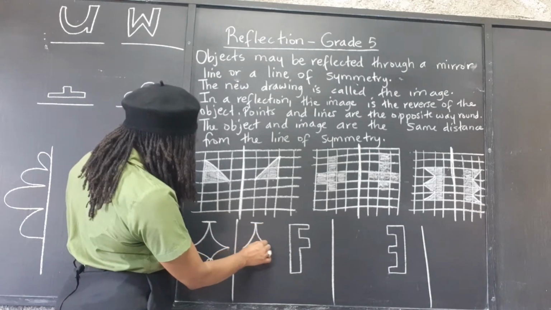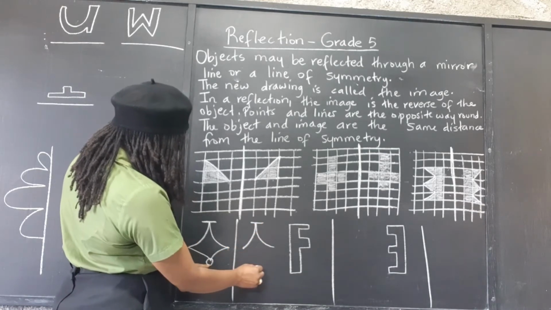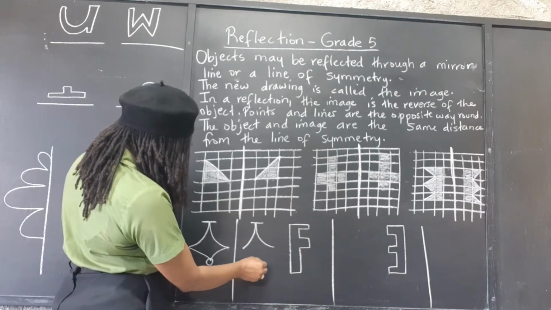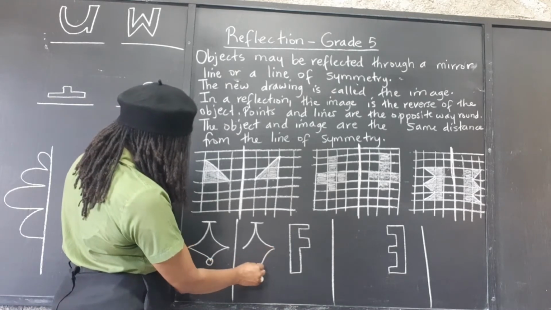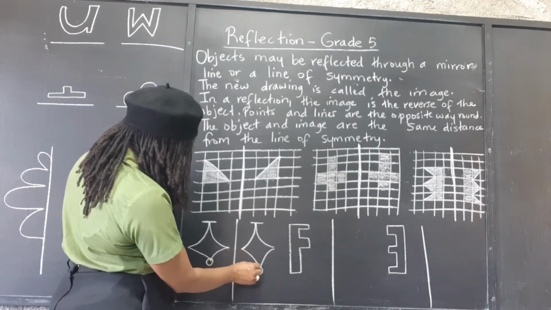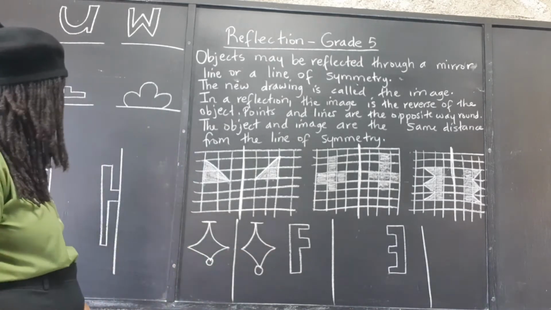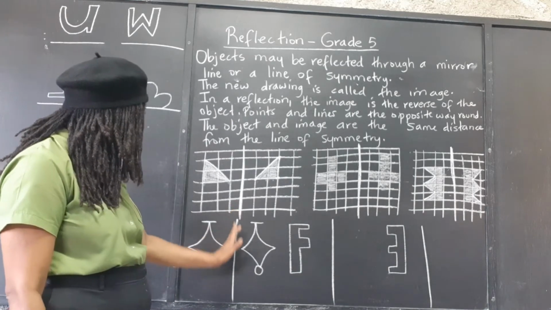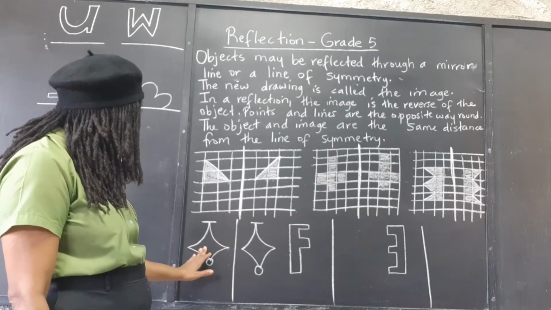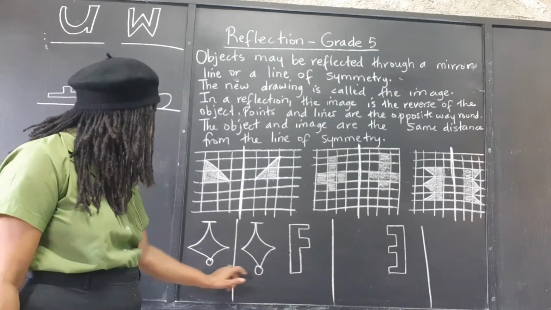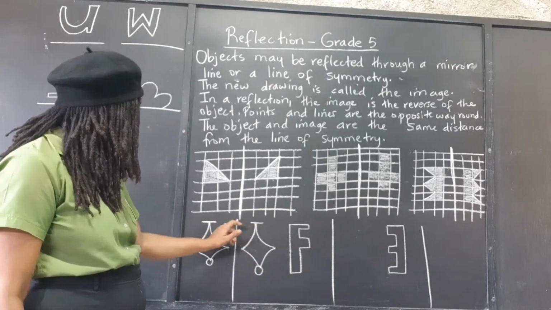So using our judgment, we try to get, and the length stops there. Alright, so we did our best. That is our reflection. This is the mirror line. That's our object. This is our image. Same distance apart from the mirror line. We tried to maintain that.